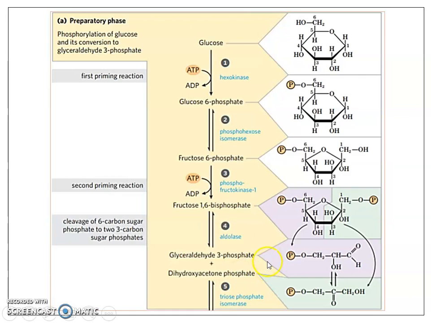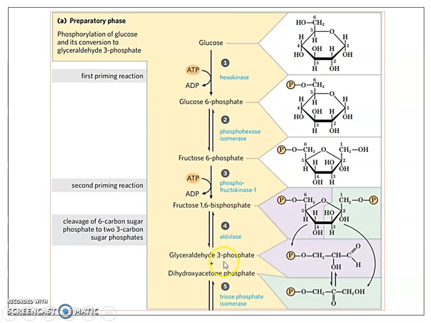So you can see here the fructose 1,6-bisphosphate is getting split or cleaved to produce two different triose phosphates, and they are glyceraldehyde 3-phosphate and dihydroxyacetone phosphate. This particular reaction is again a reversible process, and it is being catalyzed by the enzyme aldolase. You can see here this is an aldose sugar, an aldehyde containing sugar, and this is a ketose sugar.